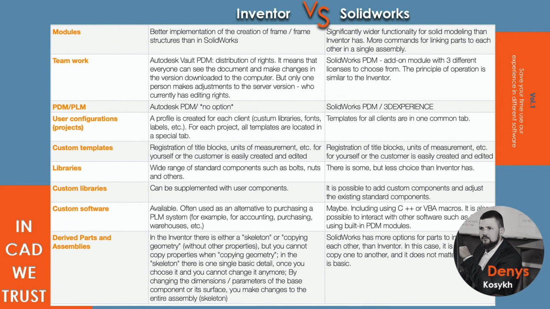I think that each engineer will say, if you ask what software I prefer, what I like, that he likes the software that he works with now. Because when I started to work with Inventor after PTC, after Creo Parametric, I said, oh no, I don't like Autodesk Inventor. It's very bad. I can't work here.